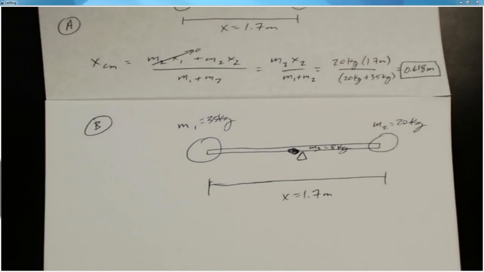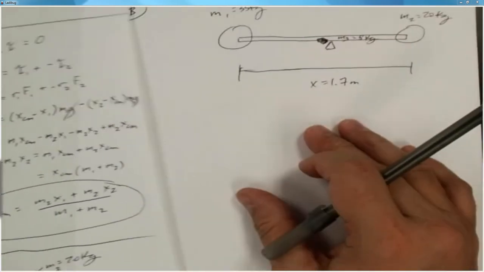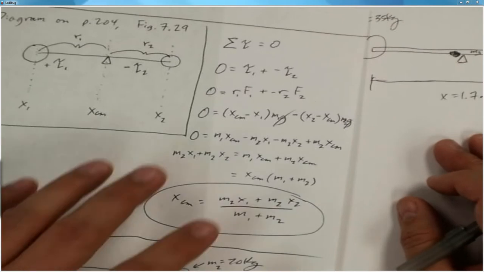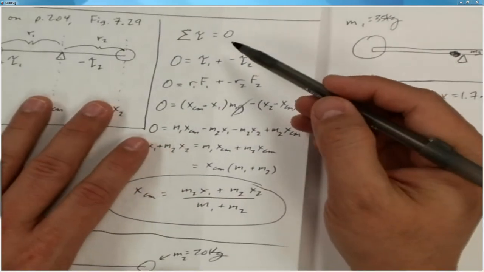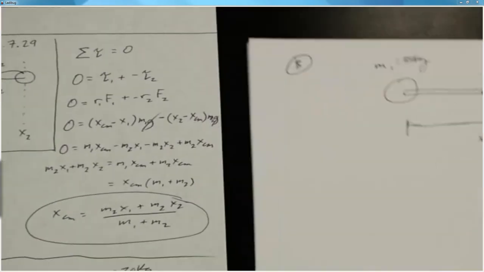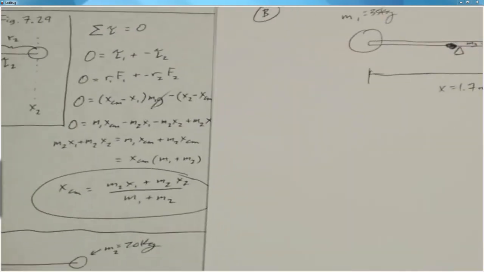I think we're going to have to rederive the equation. I remember this from last year. This is why we need to know how to derive the equation. You can't answer part B without coming up with a new equation.